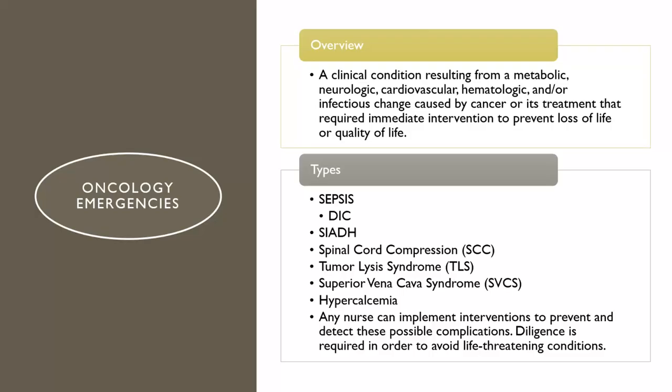So our oncology emergencies. You're killing off all their blood cells, or all their cells really. There's going to be some emergencies. So the big ones that we look for are sepsis, disseminated intravascular coagulation, syndrome of inappropriate antidiuretic hormone, spinal cord compression, tumor lysis syndrome, superior vena cava syndrome, hypercalcemia.